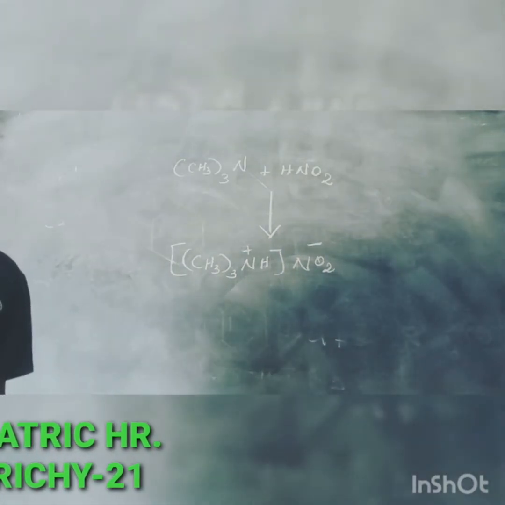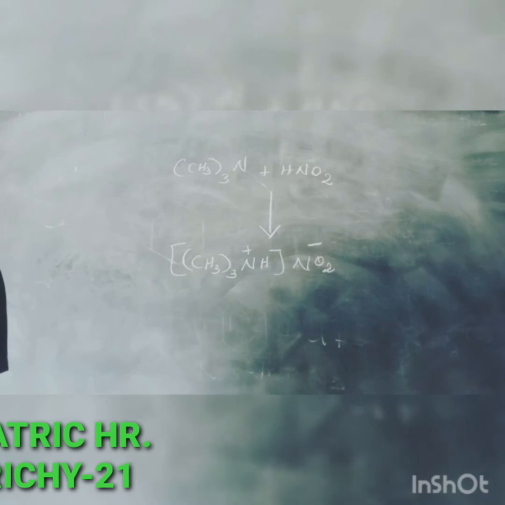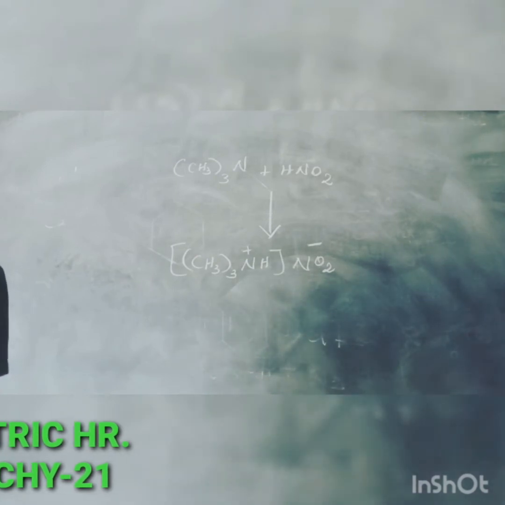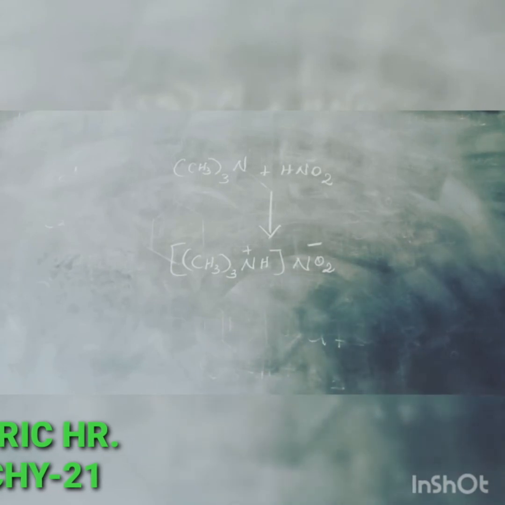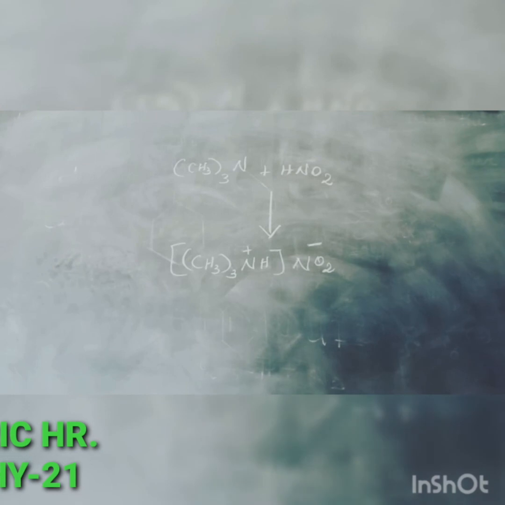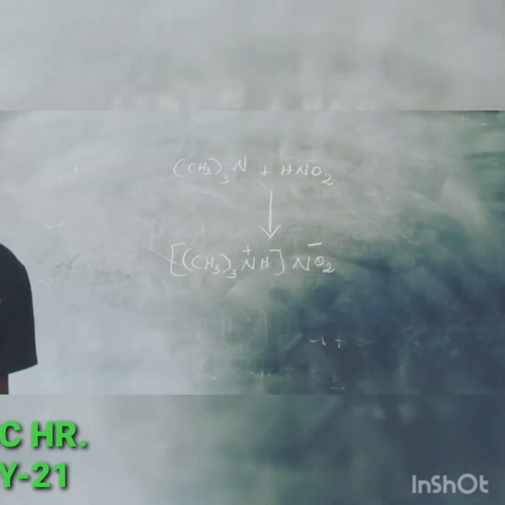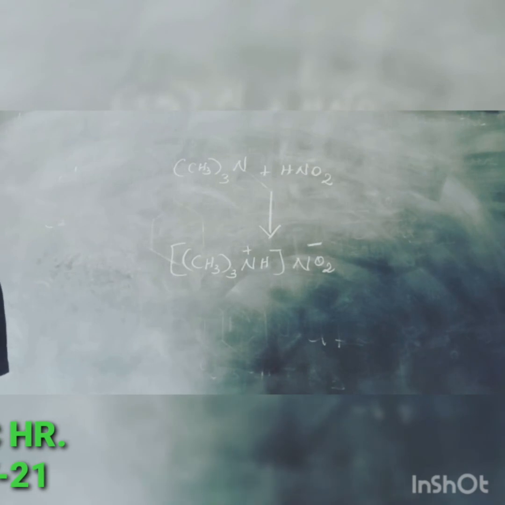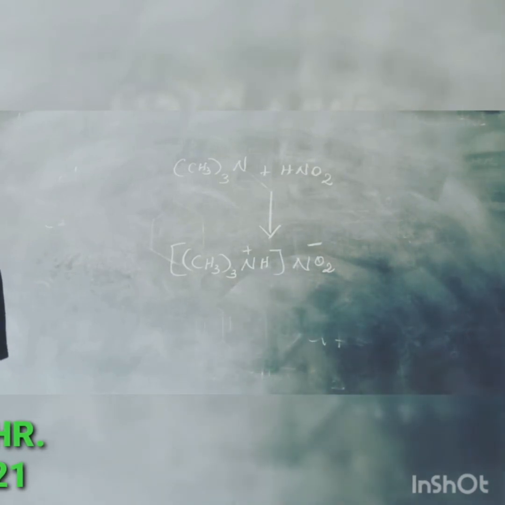And next one, aromatic tertiary amine reacts with nitrous acid at 273 Kelvin to give a para-nitroso compound. N,N-dimethyl aniline is taken here in the presence of HNO2 and NaNO2 plus conc. HCl mixture. Here also H2O is removed, and para-nitroso N,N-dimethyl aniline is formed.